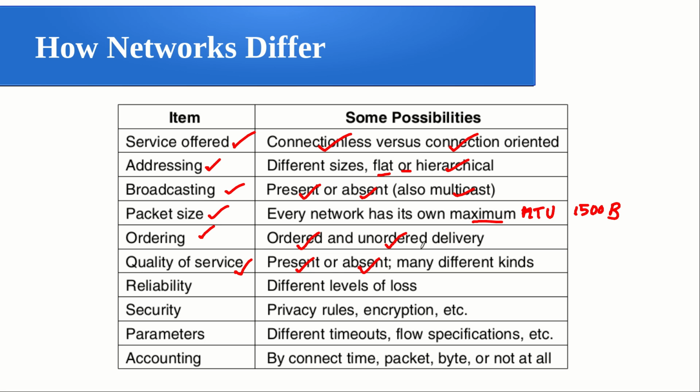To what level it is there is another factor by which networks differ. Similarly reliability, different levels of loss we can think of. Security: the privacy rules used by one network will be different from another. The encryption methodology and rules will all vary, right? Then parameters, like timeouts: the timeout value set by one network may be different from another.